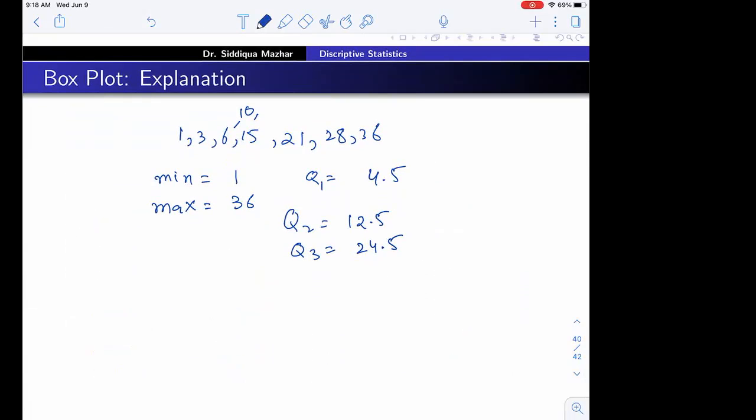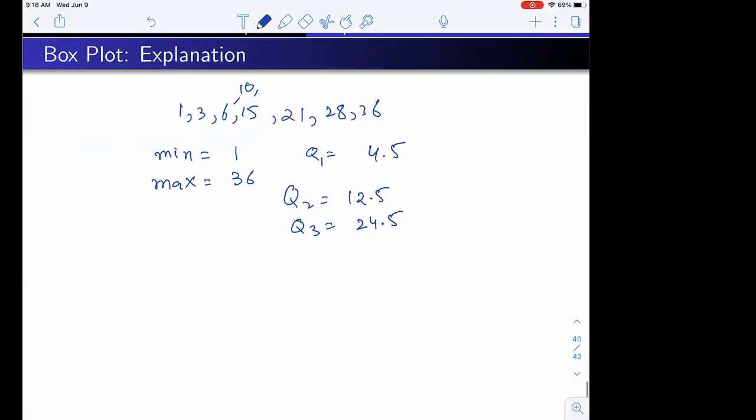So first, you make the units of the x-axis. Let's say I'm making a scale. Here is my minimum value 1. Because my maximum value is about 36, I'm dividing it into units of 10. So this is my 10 unit, this is my 20 unit, this is my 30 unit, and this is my 40 unit.